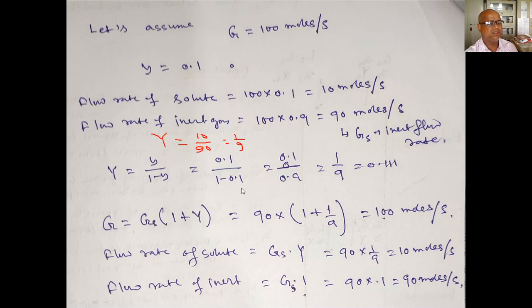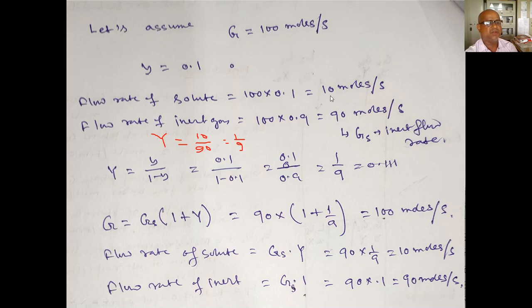GS equal to my 90, times 1 plus capital Y, which is 1 plus 1 by 9, so 10 by 9, into 90, that is 100 moles. And the flow rate of solute, what is it? GS into capital Y, so 90 into 1 by 9, 10 moles.